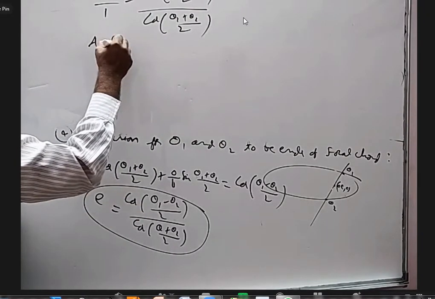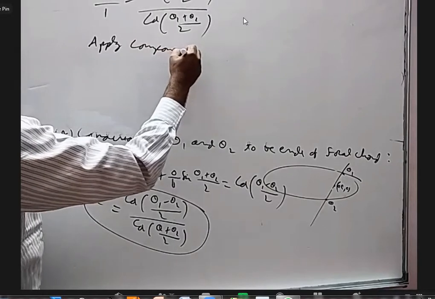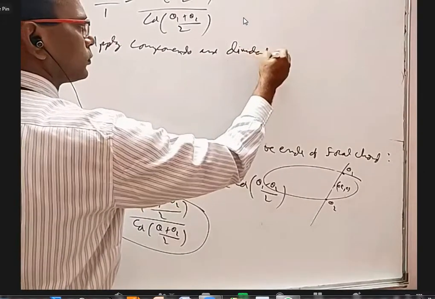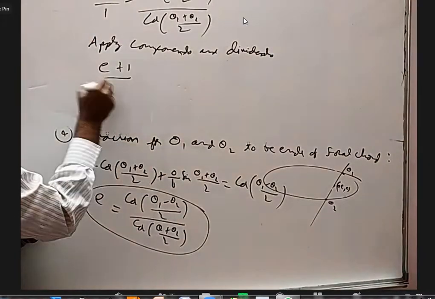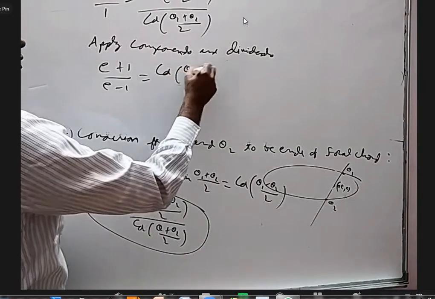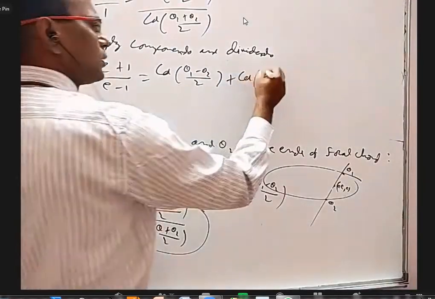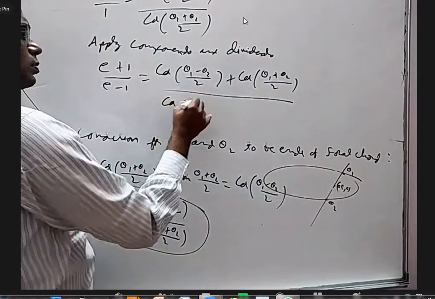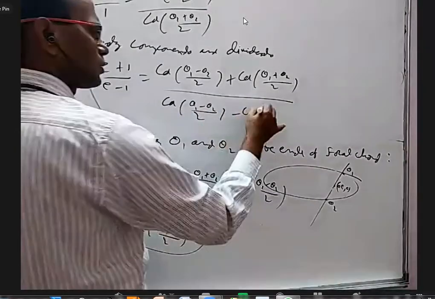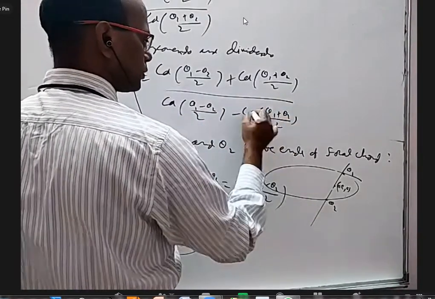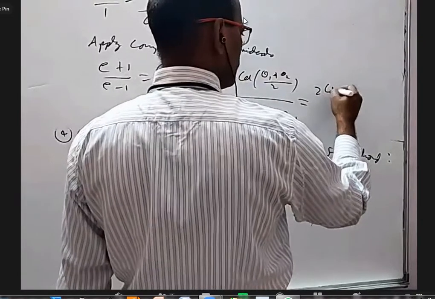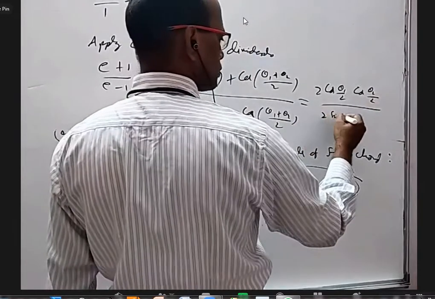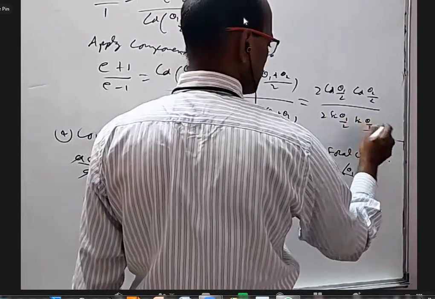Apply componendo and dividendo: E plus 1 by E minus 1 equals cos of theta 1 minus theta 2 by 2 plus cos of theta 1 plus theta 2 by 2, over cos of theta 1 minus theta 2 by 2 minus cos of theta 1 plus theta 2 by 2. The numerator is 2 cos theta 1 by 2 cos theta 2 by 2. The denominator is 2 sin theta 1 by 2 sin theta 2 by 2.